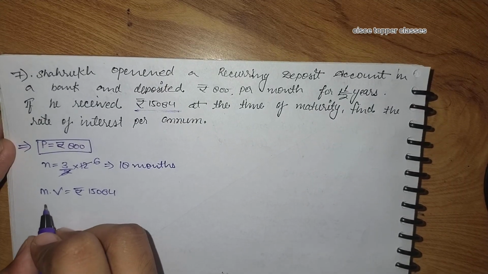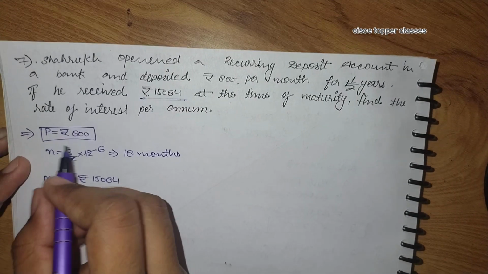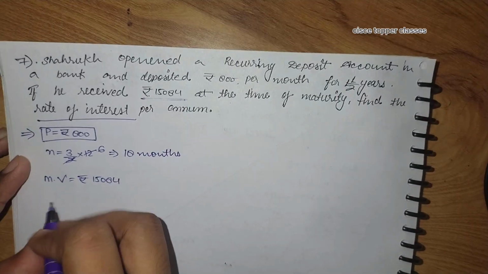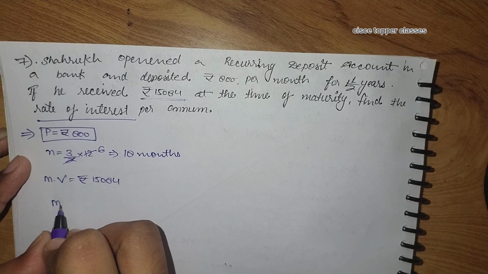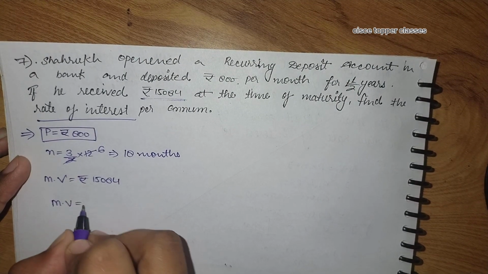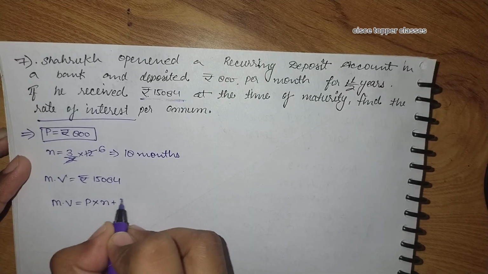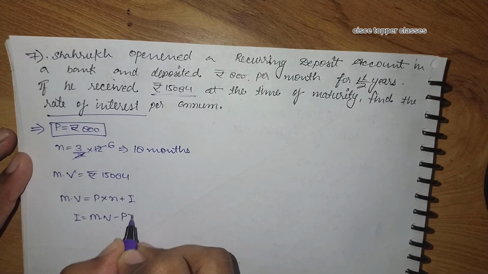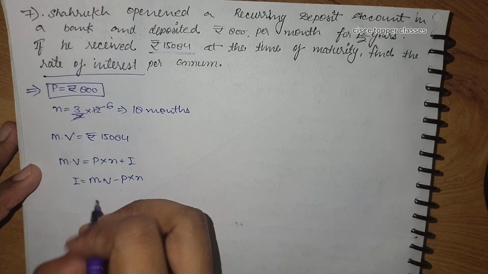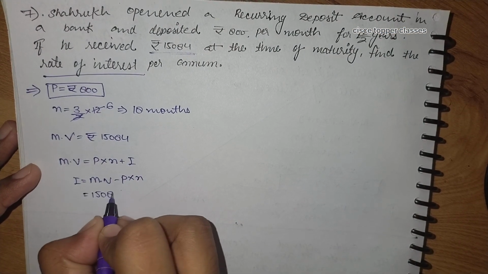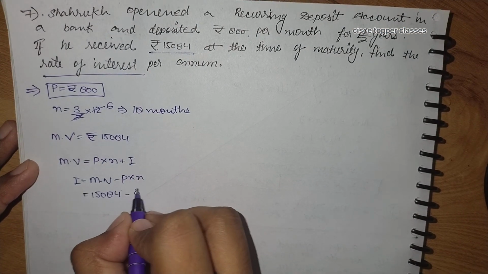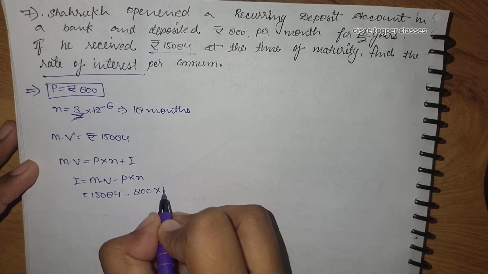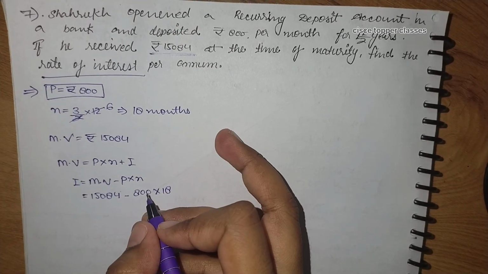So from that we can find firstly interest, and from interest value we will find the rate of interest per annum. So we know we can find interest as matured value is equal to p into n plus I. So interest will be matured value minus p into n. Matured value is 15,084 minus principal is 800 into n is 18 months here.